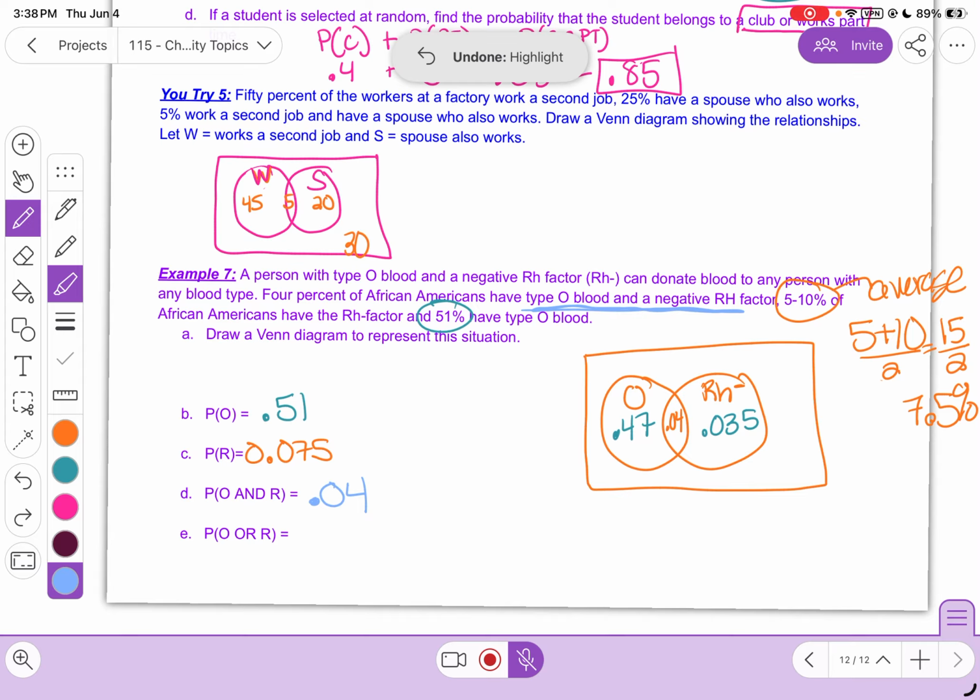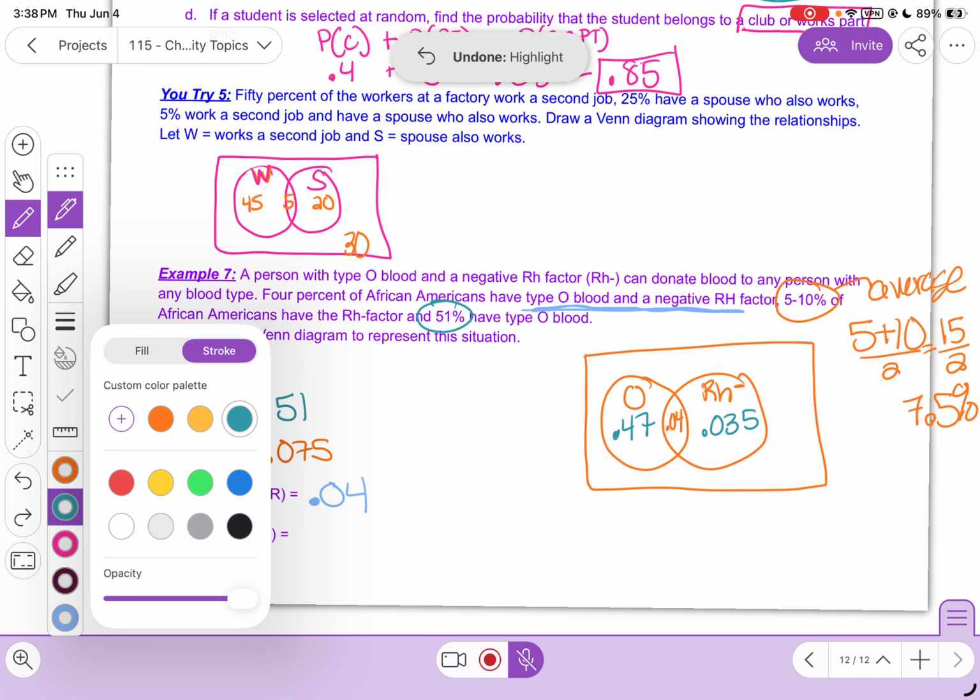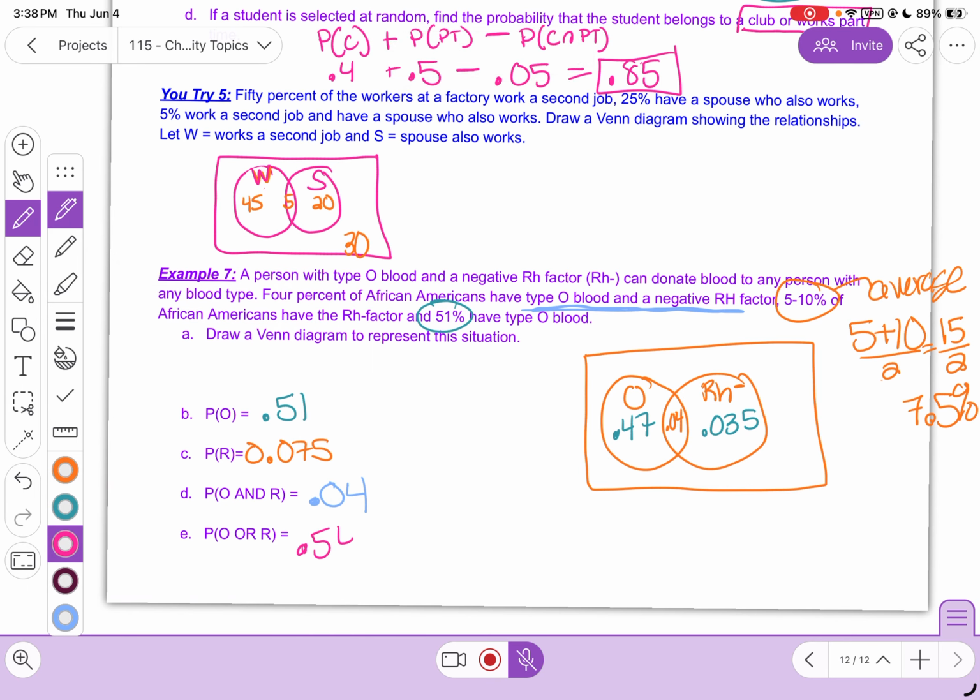So 0.47 plus 0.04 plus 0.035 is 0.545. So sometimes you can work backwards given what you know. And when you're given a range, you just find the middle of that range and go with it.